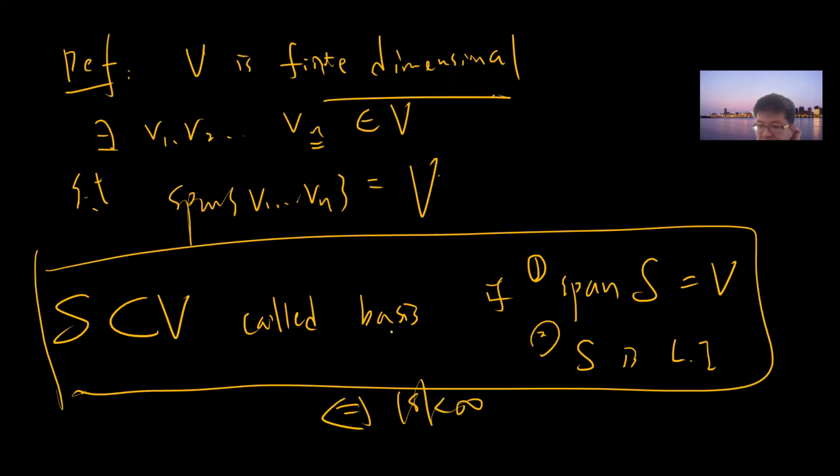Using the previous theorem, if you pick n vectors in V that span V, then you can eliminate the linearly dependent ones, and the rest will be linearly independent. Finally, the rest will still be finite because you start from a finite set and then cut something, so your final result will be finite. So you can see that these two definitions are the same.